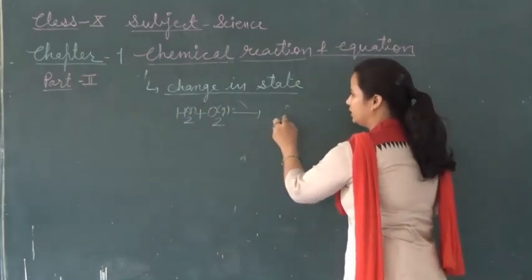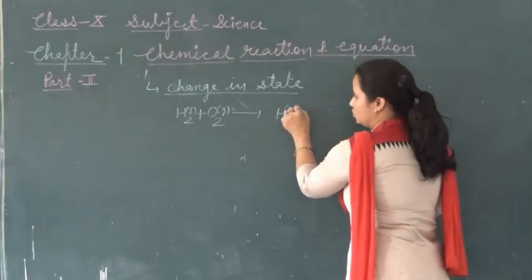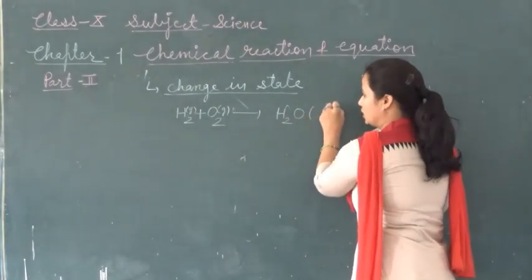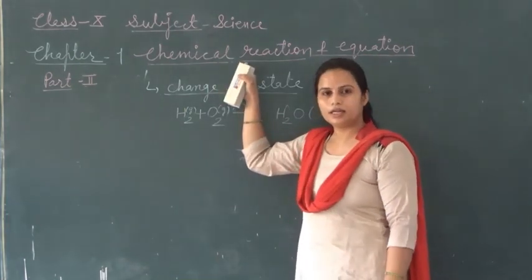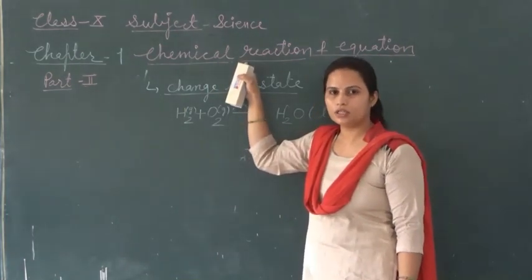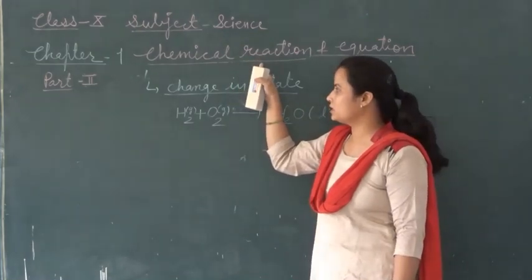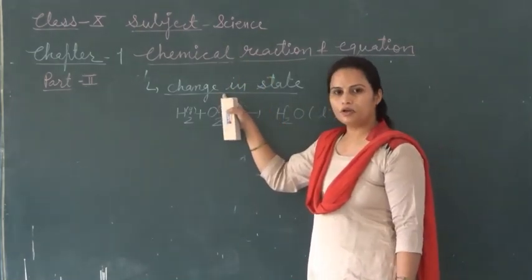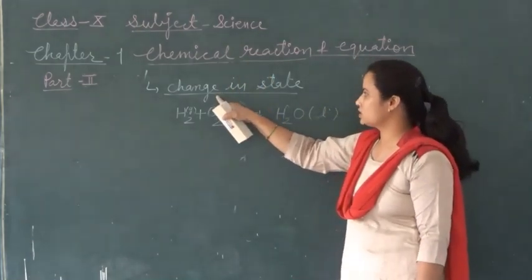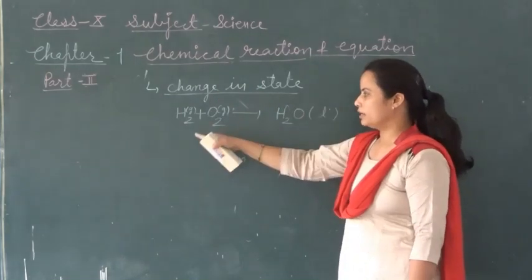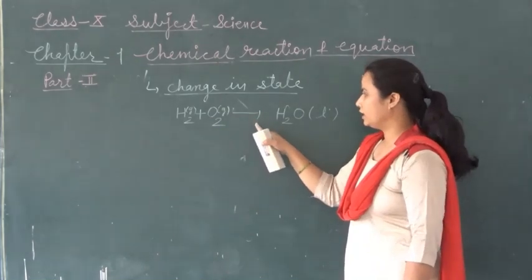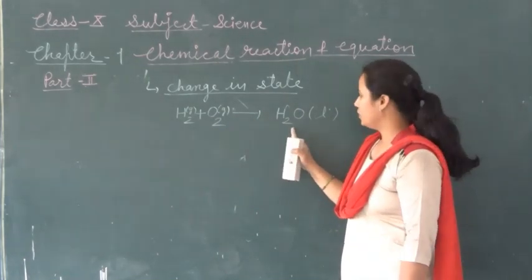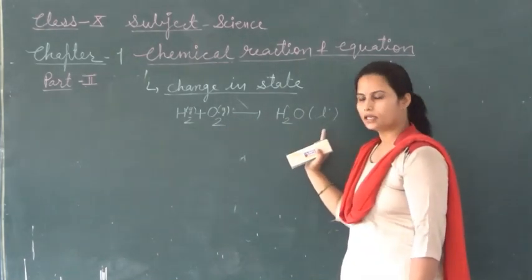When both react, they form H2O, water, which is found in liquid form. Means during a chemical reaction there are further changes, that is called the chemical change. The first observation is change in state. By one example, H2 and O2 are in gaseous form; when they react and form water, now water is found in liquid form.